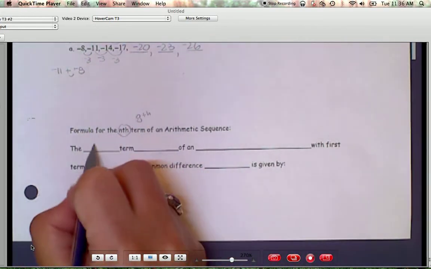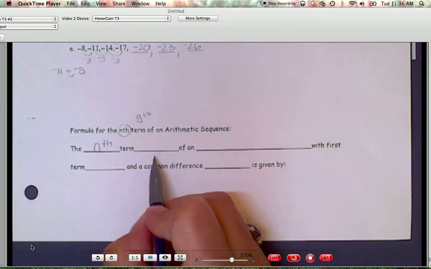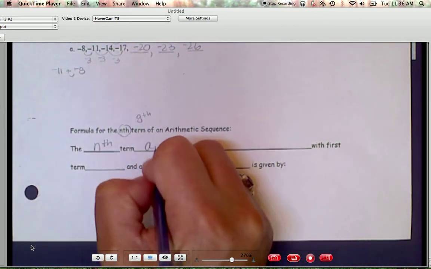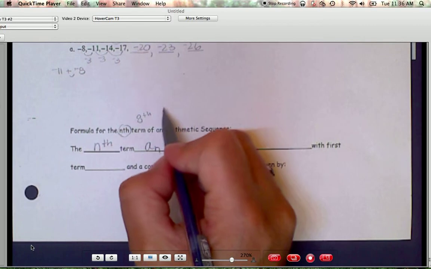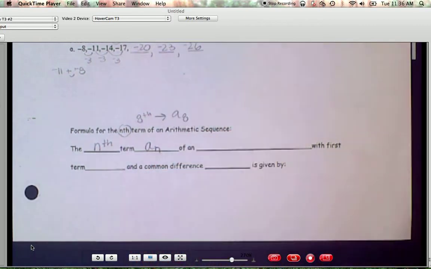So the nth term, which we call a sub n. So if it's the 8th term, we would say a sub 8. Okay?